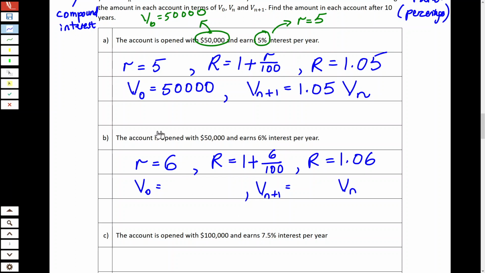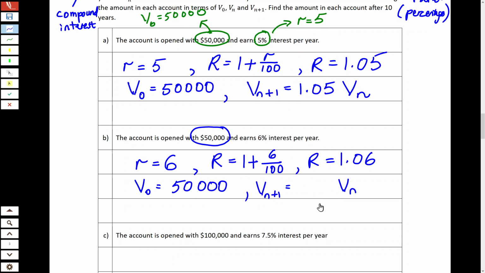Is that right? 50,000. Yeah. Okay. What does V naught represent here? The starting value. Good. How much money is in the account at the beginning? 50,000. Okay. So what's your value for V naught? 50,000. Good.